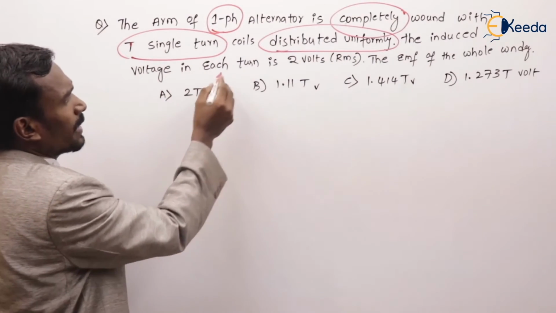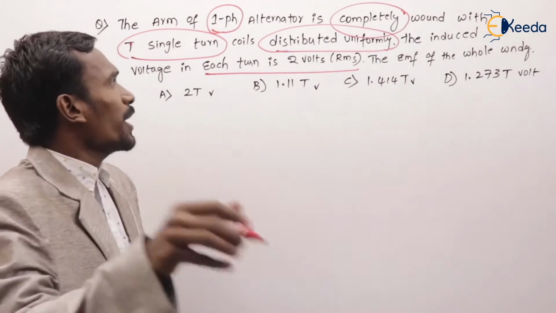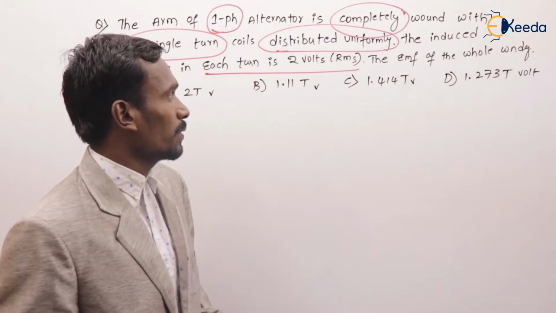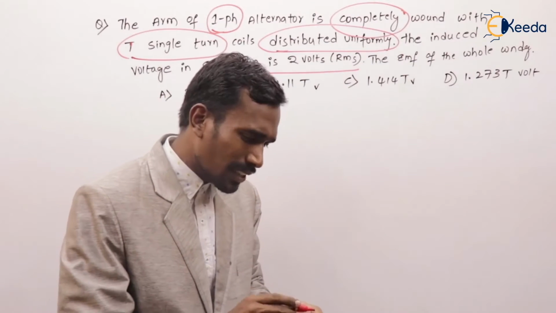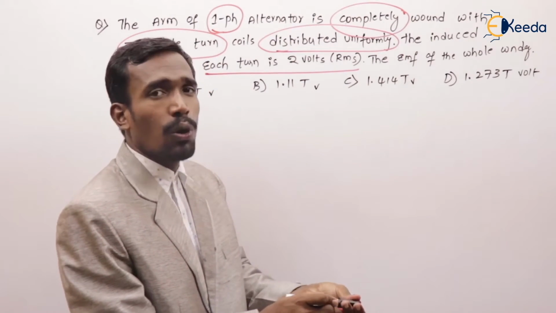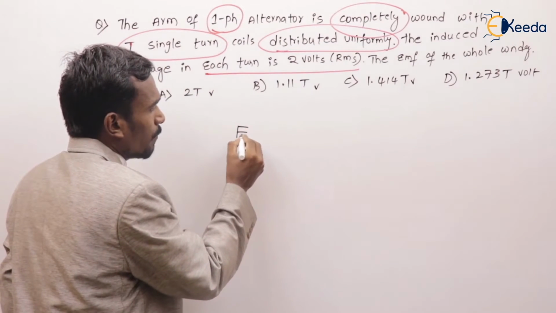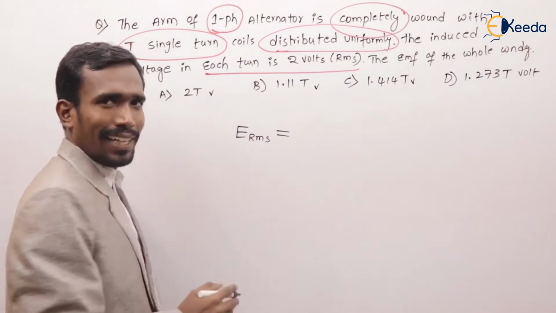The induced voltage in each turn is 2 volts RMS. Be careful. The EMF of the whole winding. Tell me, what is the formula for the EMF of the whole winding? We have to find ERMS for the whole winding.